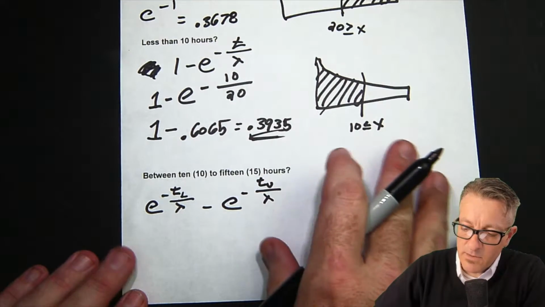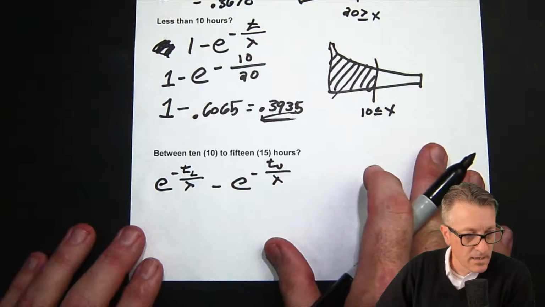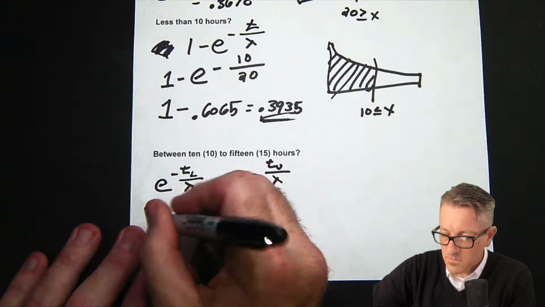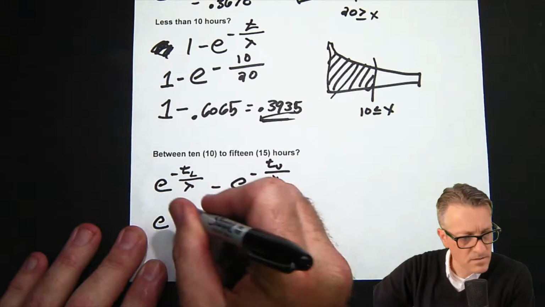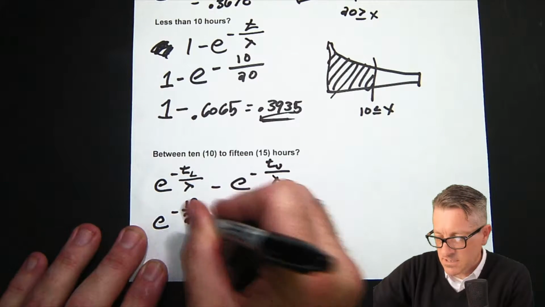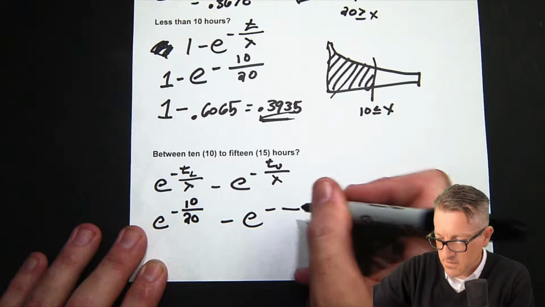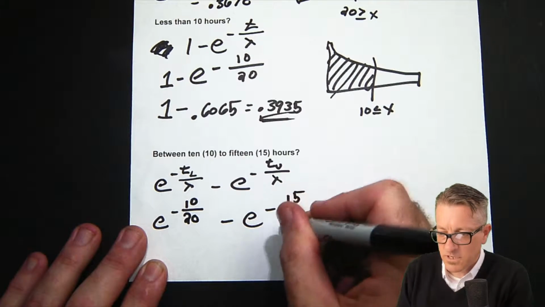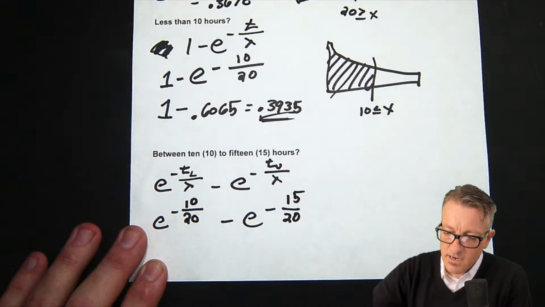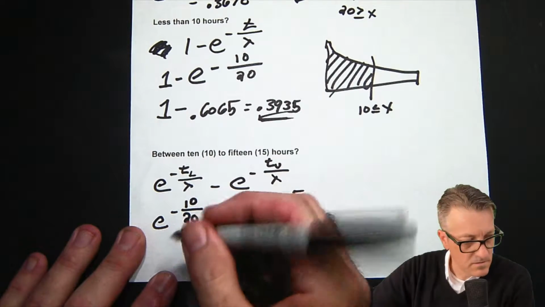So for the calculation, let's put in what some of these numbers are. This one is 10 over 20, and then we subtract, and this one is 15 over 20. Then I'm just going to write out the actual numbers.